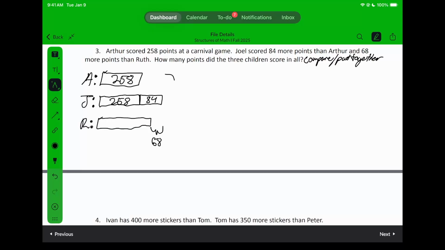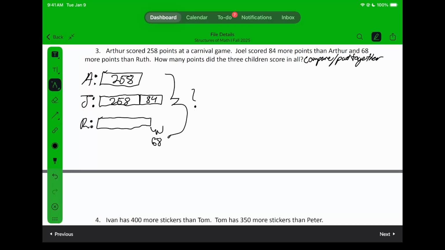And then we want to find their total. So then from here, we know Arthur's is 258, and we know Joelle's is 258 plus 84. We don't know what Ruth has. We don't know what it is plus 68. So we can't do anything with her yet.